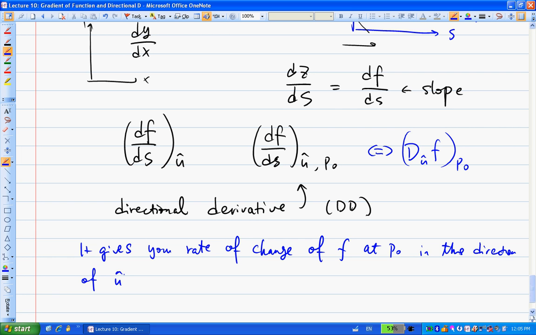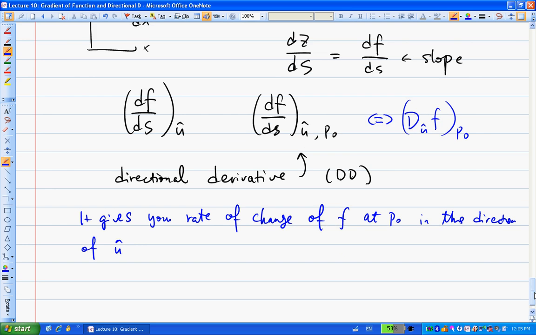U hat is a unit vector. So how do I calculate this then? So now we understand the physical meaning and the notation. So how do we calculate this one here?